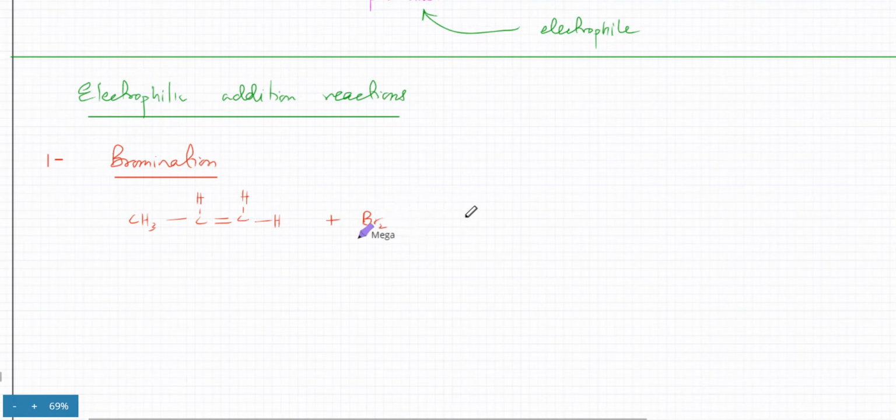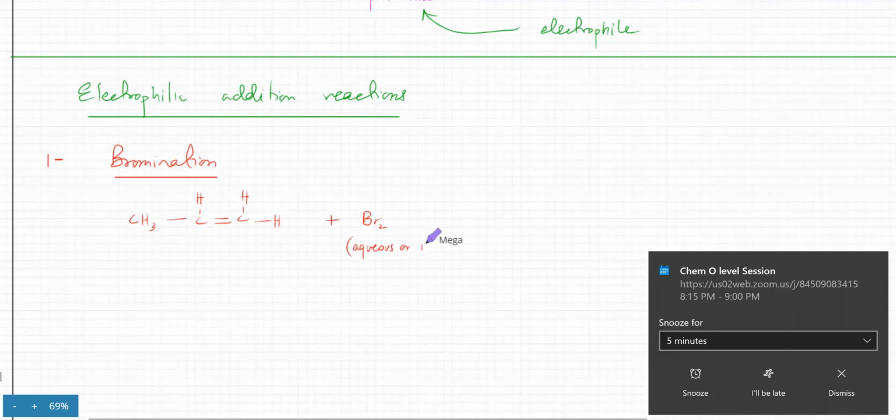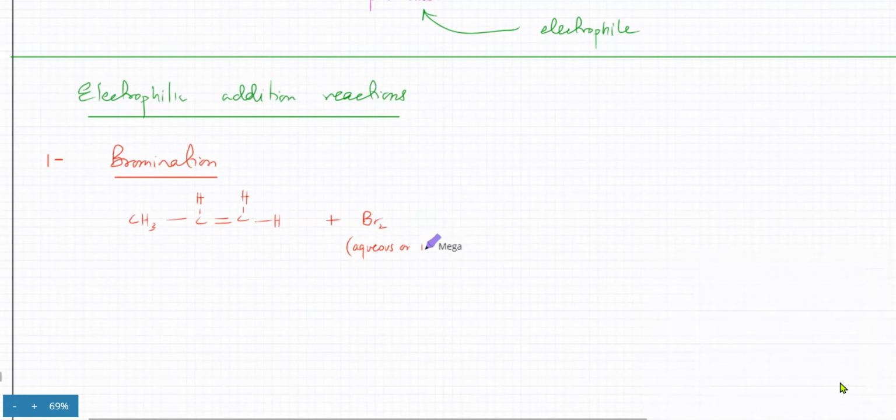Now, the Br2 molecule could be in aqueous state, or it could be in an inert solvent, like CCl4. So the reaction is bromination, and it's going to be an addition reaction. It's going to be these two carbon atoms, the ones that are involved in this double bond. Nothing should happen to the rest of the molecule.